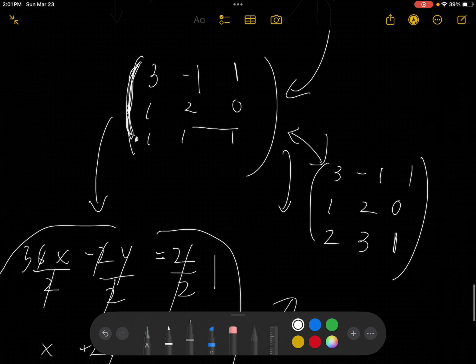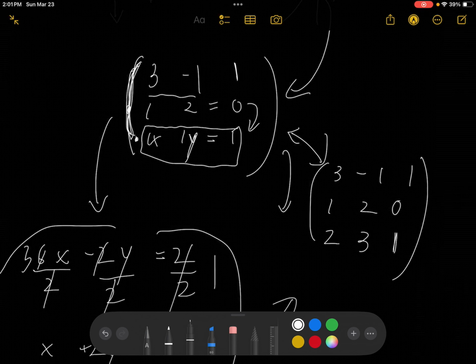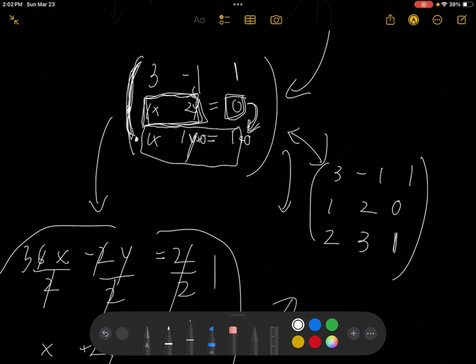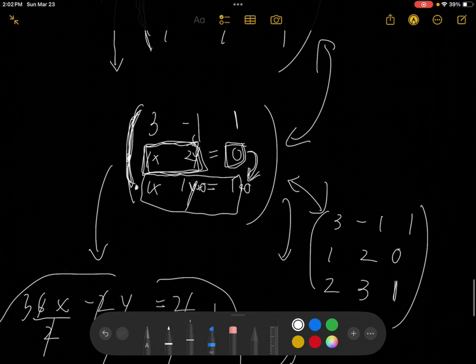And the reason why this one is true is because if you were to think about each row of the matrix as a linear equation, what we've done by adding 1 times this row is we're essentially adding the same thing to both sides of the equation, because we know that the way we interpret this equation is this thing equals 0. So then when we add 1 times this row to this row, we're adding 0 to both sides of the equation, which will not affect the equation.